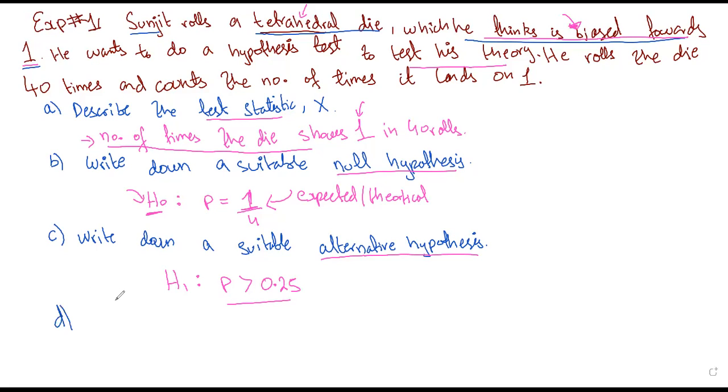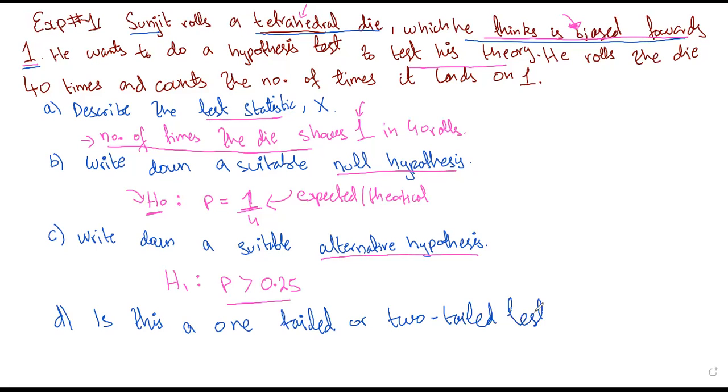Now we have the fourth and the last part of this example, which basically is: is this a one-tailed or two-tailed test?